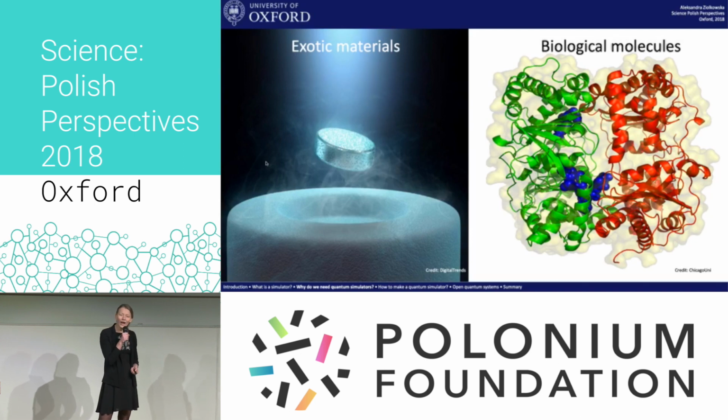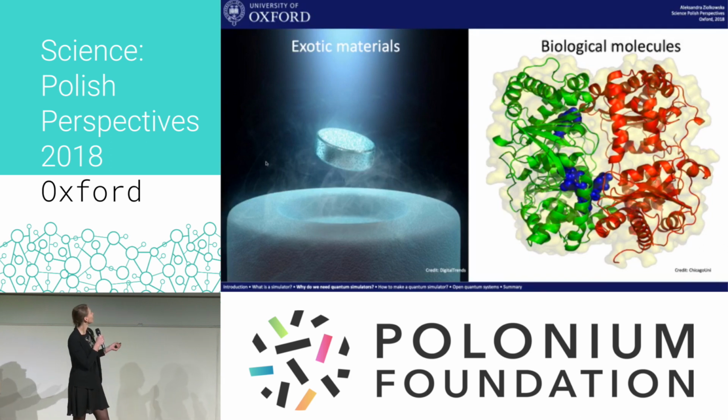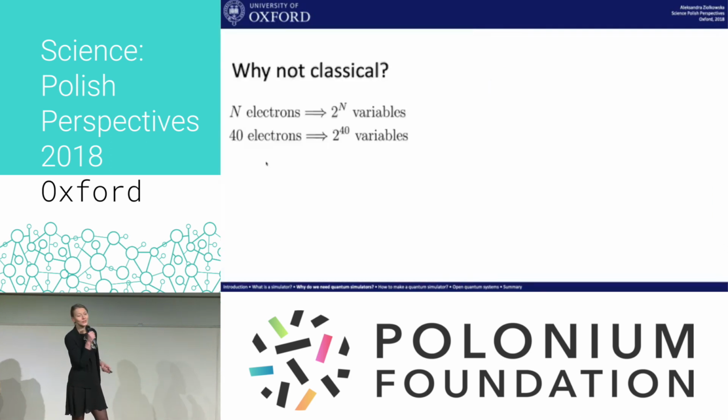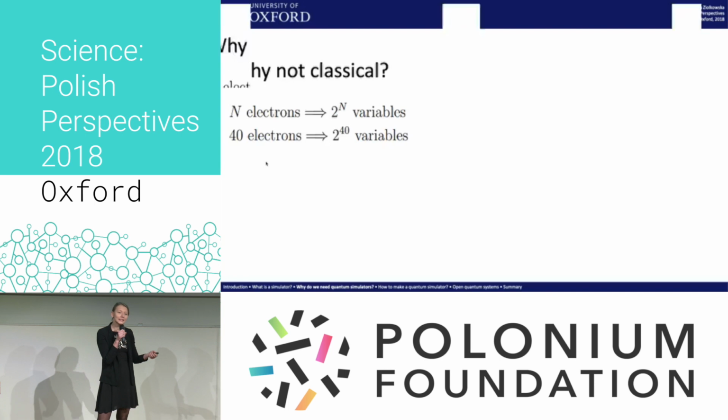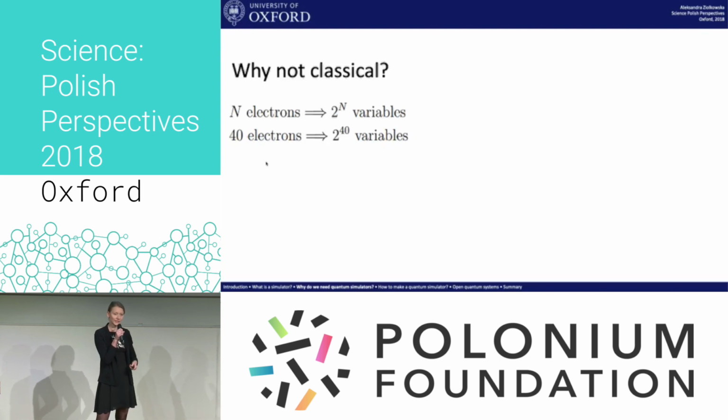Okay, but why don't we just mimic the quantum mechanical laws on our normal classical computer? So let's think about it. Quantum mechanics is a probabilistic theory, meaning that a system has only certain probability to be in different configurations at any given time.